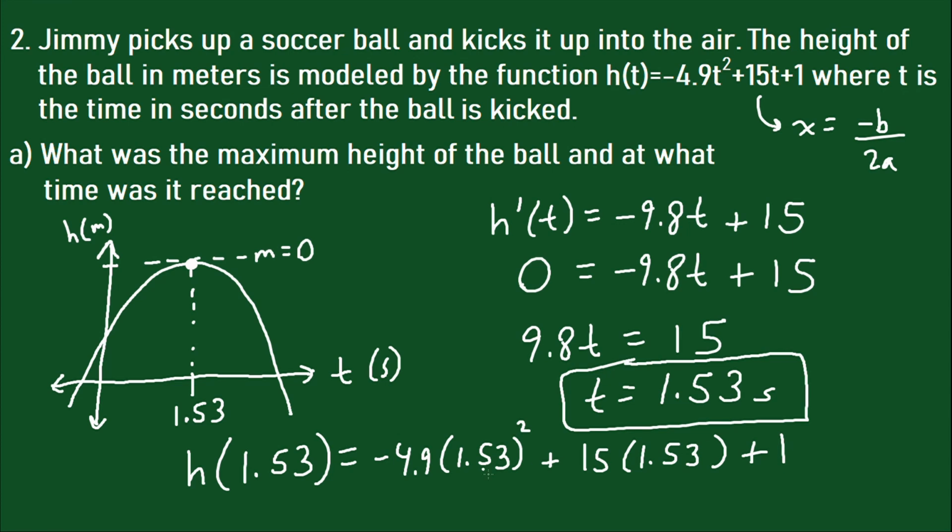And if you do all that math, you should get a value of about 12.5. I'm rounding that to one decimal place, and the unit is going to be in meters. So that's the maximum height the ball achieves, and it happens at 1.53 seconds. That's a pretty good kick that this guy got on the ball, because that's a very high distance off the ground. Okay, let's look at part B.